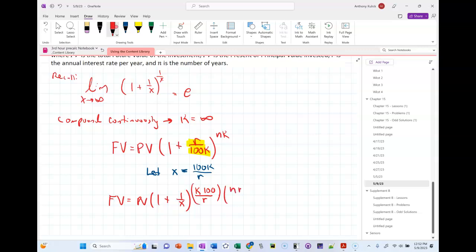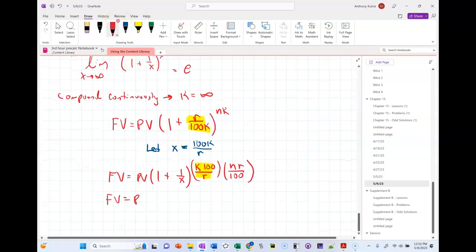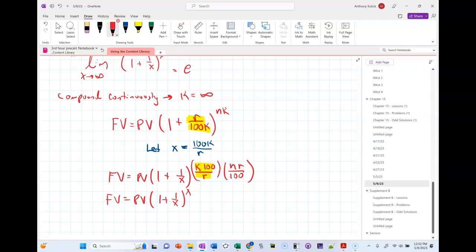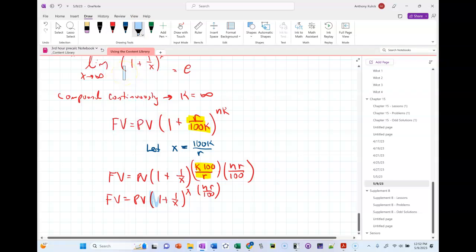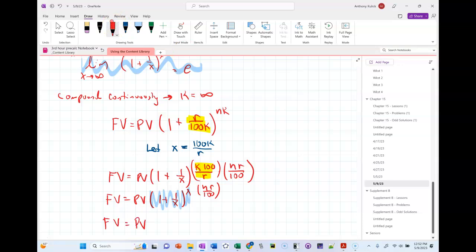Then I have to multiply the n by r over 100 so that the 100s cancel and the r's cancel, and I really just have nk in that exponent. You see how I did that? So this now is just going to turn into an x. And that's what I need because this is just e. So when we let that become infinite, that piece just goes down to e, and there's our formula. So this is really just the compound interest formula allowing infinitely many compounds a year. That's all that's happened there.